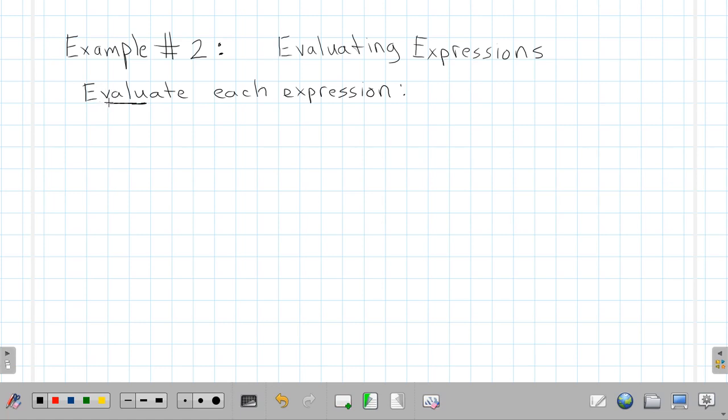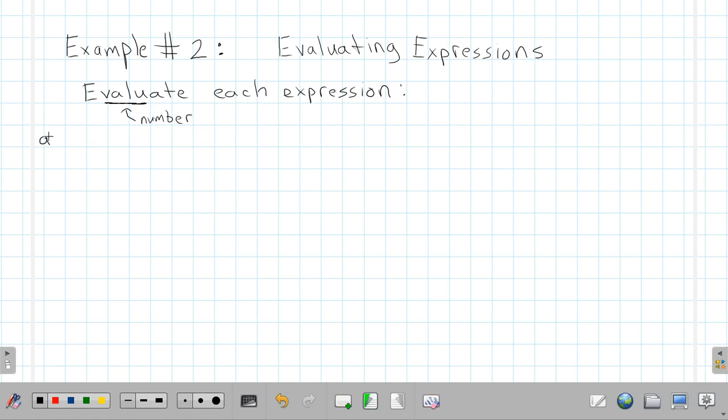And what that means is you're going to be looking for a value. So in this case, when you're asked to evaluate anything, you're actually looking for a number. So we need to find what this is equal to. So we actually need to go through the process of doing all the operations and getting a number at the end. Let me just show you what I mean here.